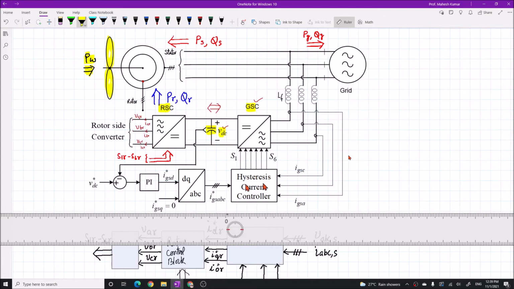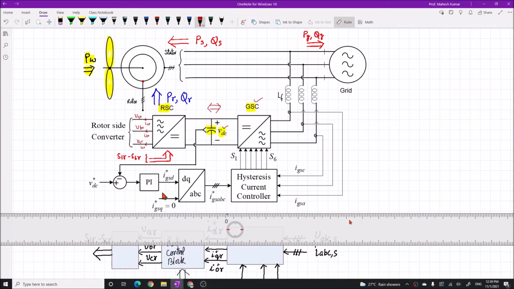If you take the grid side converter, what do we do? We just measure the actual VDC voltage, as you can see from here, and this goes as the input variable here with minus, and this is the reference value of DC link voltage. So the reference value of DC link voltage is compared with the actual value of DC link voltage, and the error is passed through the PI controller.